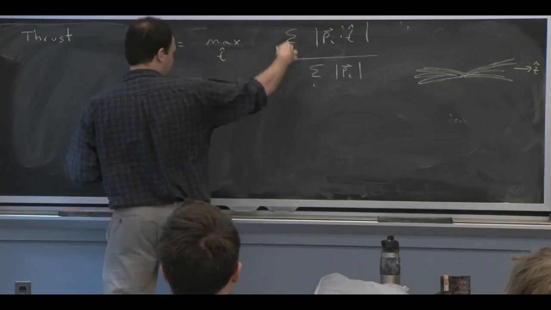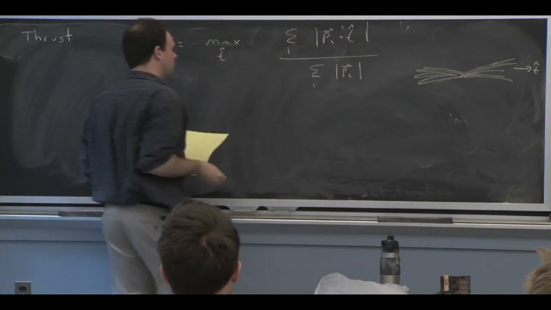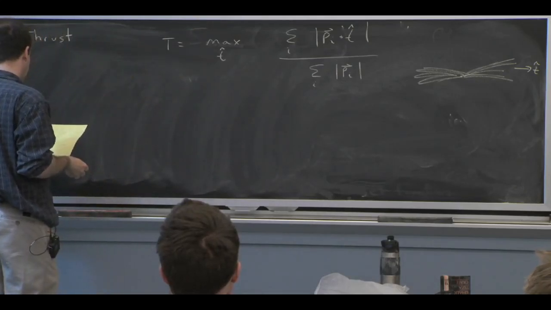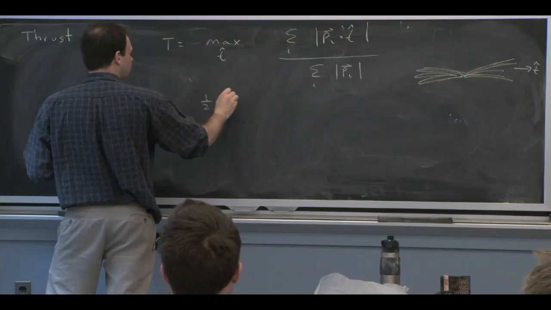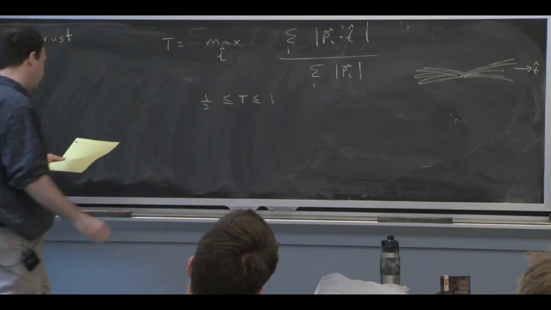You find the axis that maximizes this thing, and in the case of a dijet configuration, that's going to align with the jet axis. And then you do this sum, and that calculates some variable T. T turns out to have kinematic limits between 1/2 and 1.